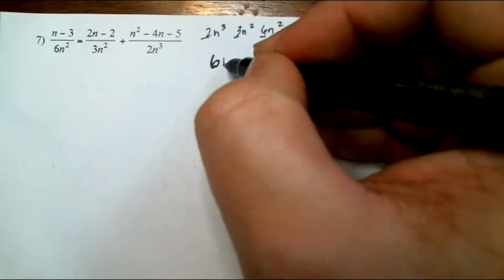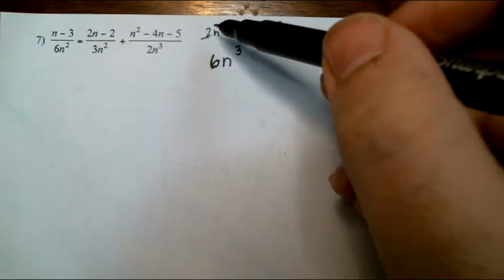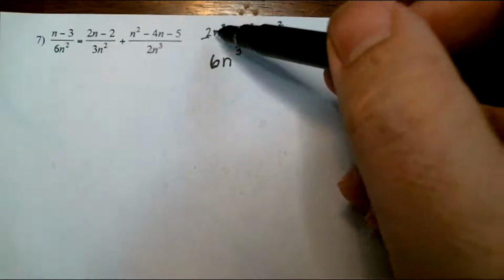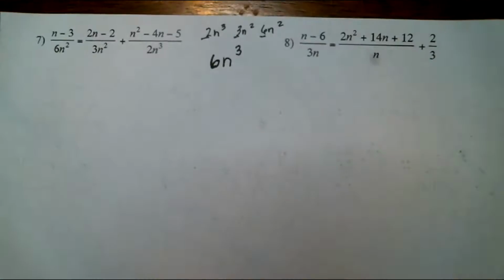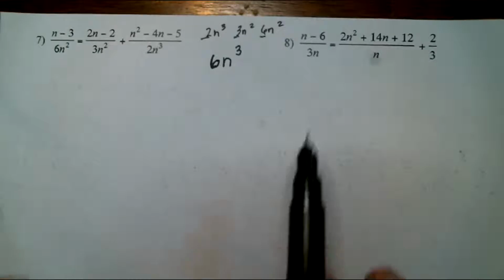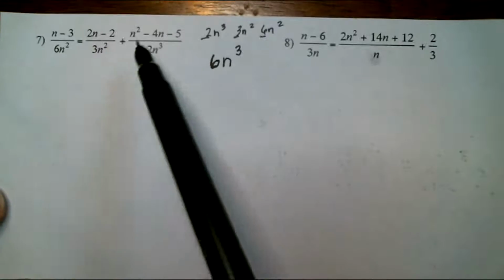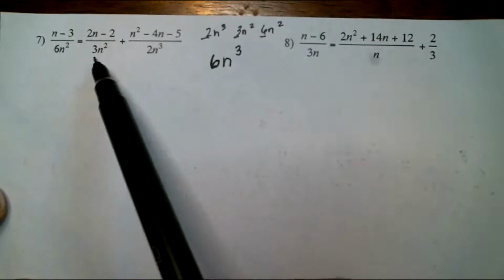So I need it to be 6n cubed. 6's take care of the 2, 3, and 6, and n cubed will cancel out the rest of them. Which makes this a little bit challenging because none of these right here are the denominator. So let's multiply everything by 6n cubed.